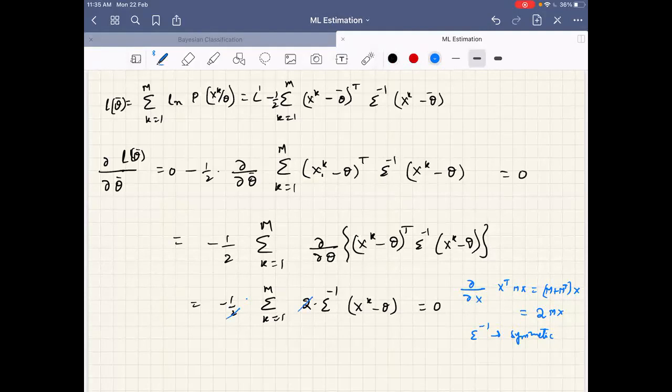You are saying that sigma inverse can be knocked off, correct? So how is it possible? Because sigma inverse is not 0, and I can pre-multiply both sides with sigma inverse.